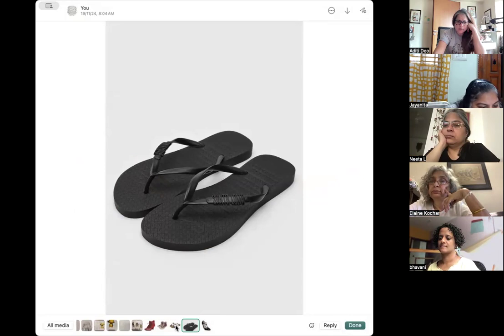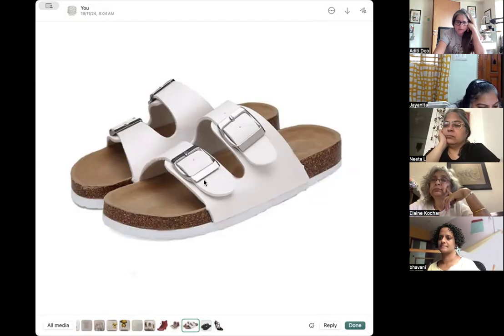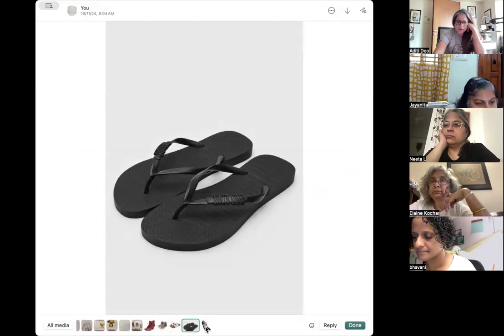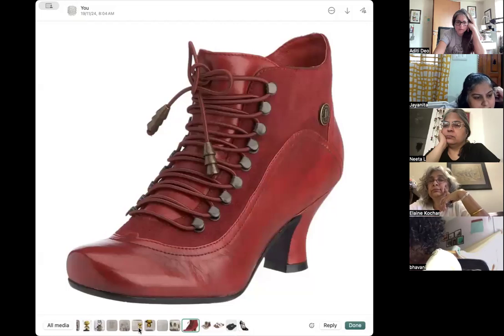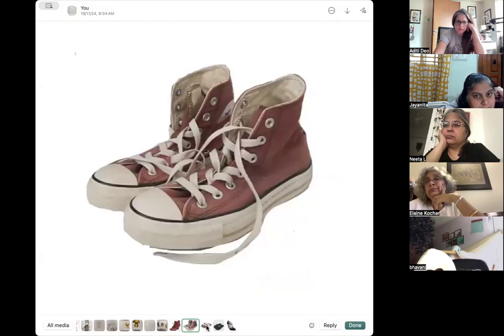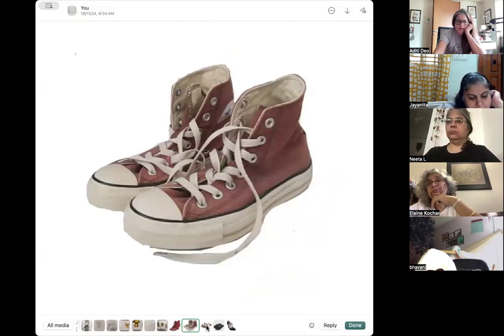So we will start off with making this shoe first, then moving on to the flip-flops, then this high heel, then a shape of this, and then eventually these pair of Converse. And hopefully by then you will feel a little more confident in your drawing.